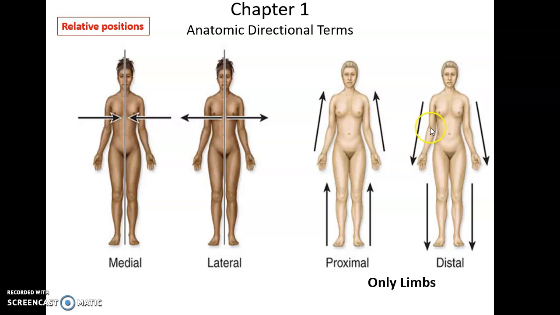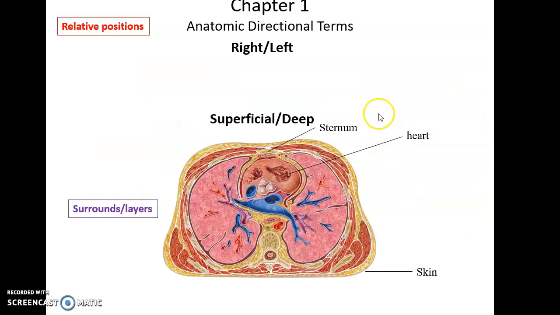So the elbow is proximal to the wrist. The elbow is closer to where the arm attaches to the trunk of the body than the wrist is. Again, for structures within one limb only, these replace superior and inferior. We also have the issue of right and left. If you're talking about right and left, you're always referring to the patient, to their right and their left.